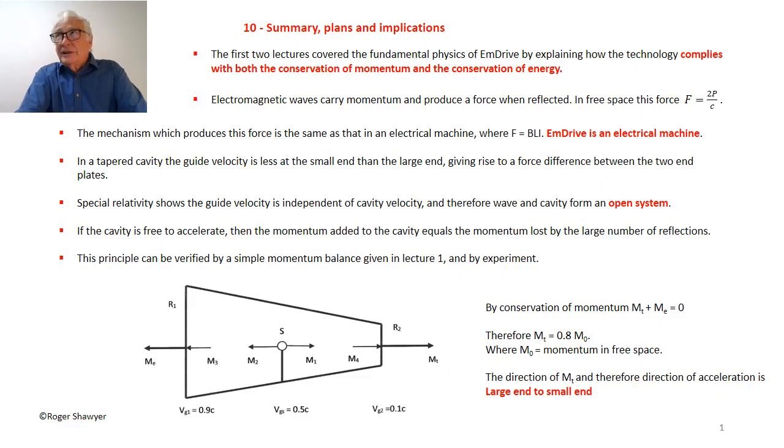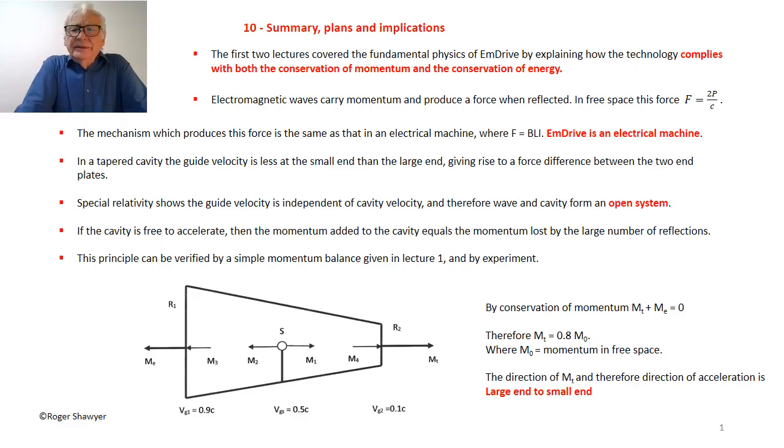And we went through this in lecture 1, and the diagram is reproduced in this slide. If you have any doubts, then sit down, go through this diagram and do the sums yourself. Apply conservation of momentum and you'll see that mt plus me equals 0.